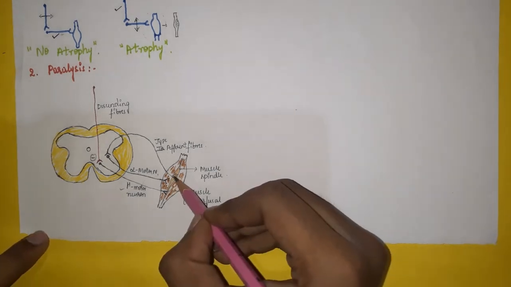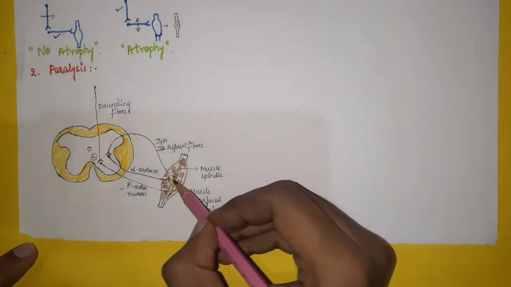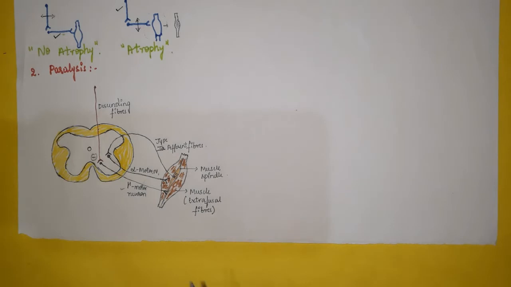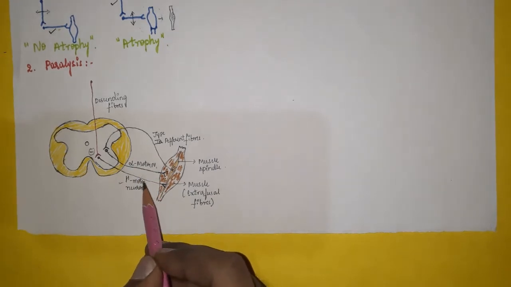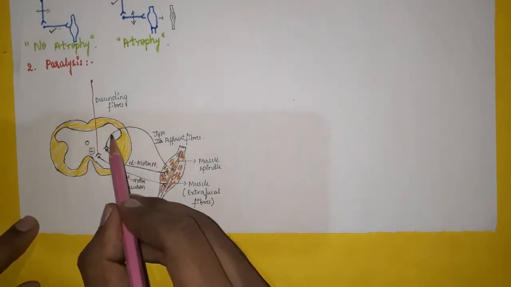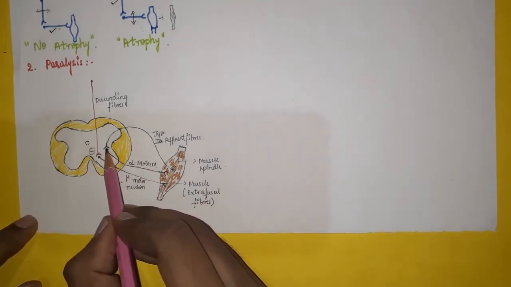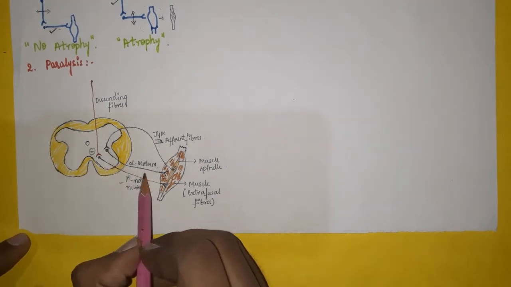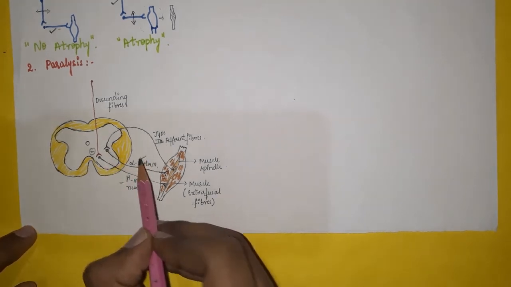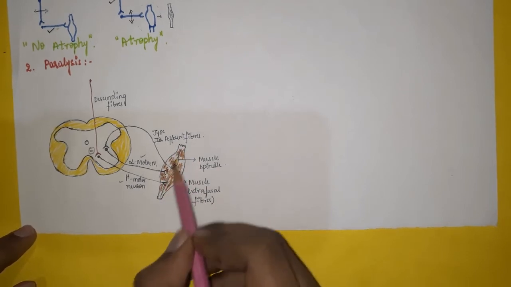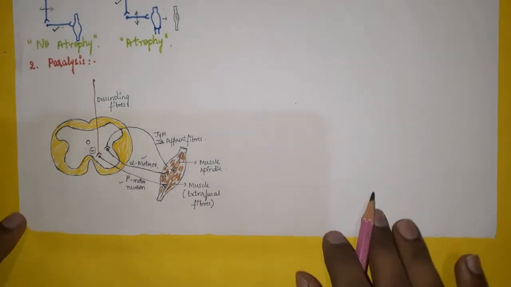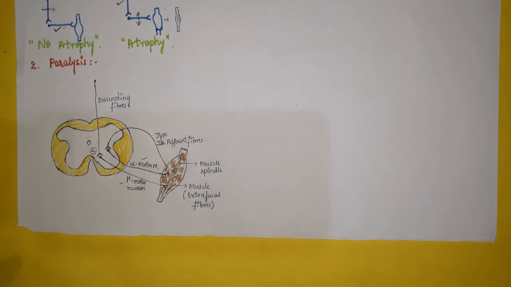This causes distortion of the endings of type 1A afferent fibers. This distortion stimulus is carried to the alpha motor neuron, which causes contraction of this muscle, that is, the extrafusal fibers, the normal contractile fibers.